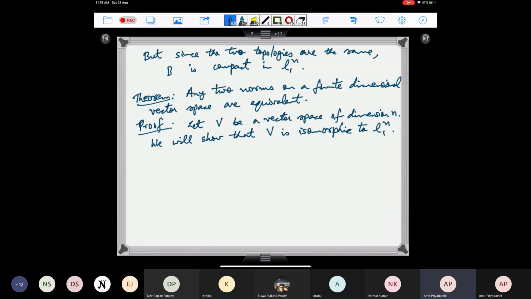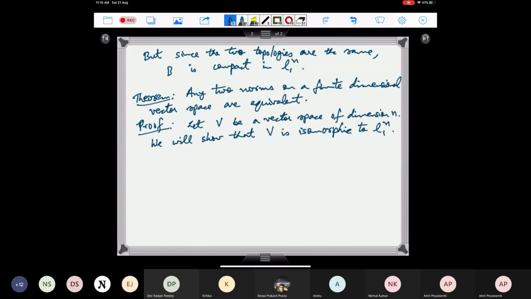As a vector space, you know that if you have a vector space of dimension n, then it is isomorphic to Fn. So if you have a real or complex vector space of dimension n, then it will be isomorphic as a vector space to Rn or Cn. But here when we say isomorphic, we also require that the topologies are the same, which is the same thing as saying that the two norms are equivalent.